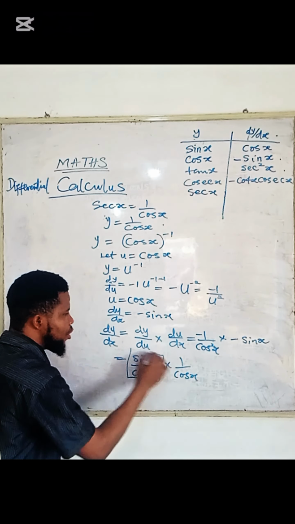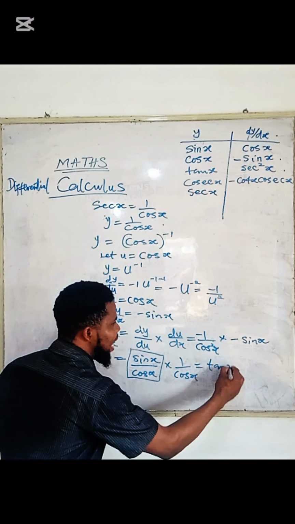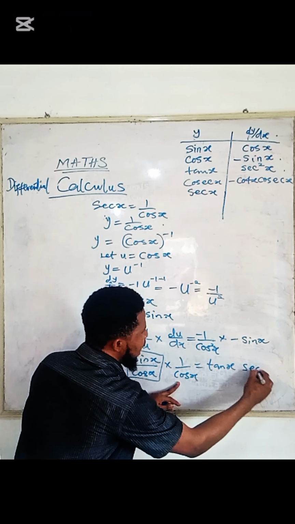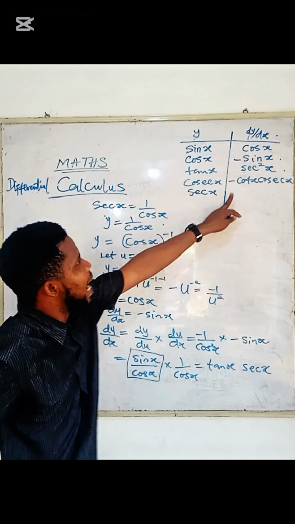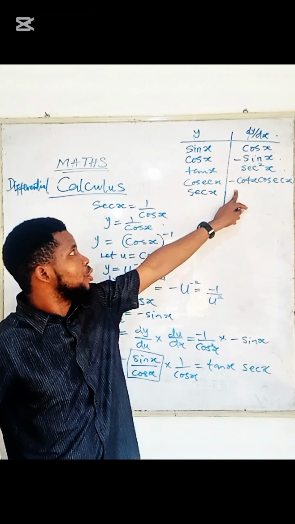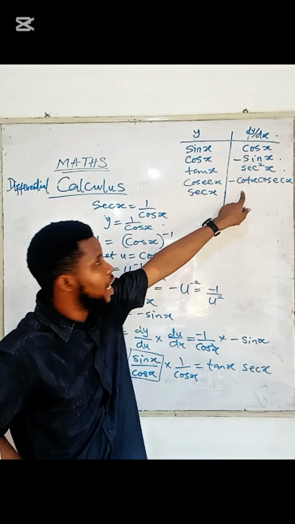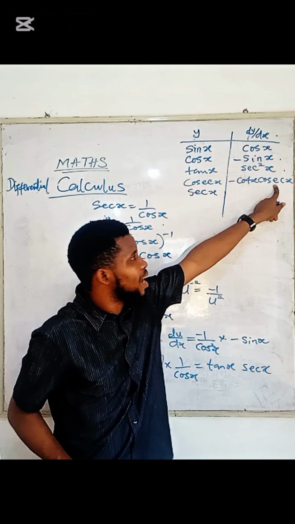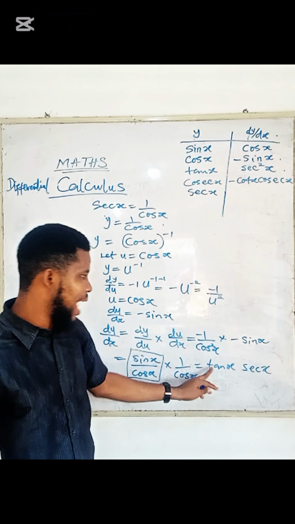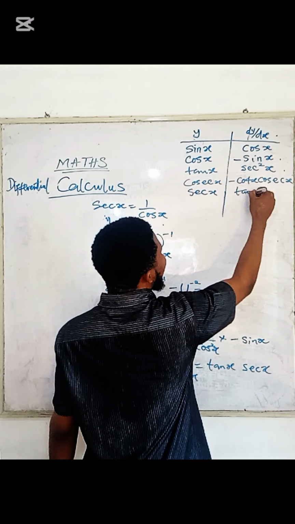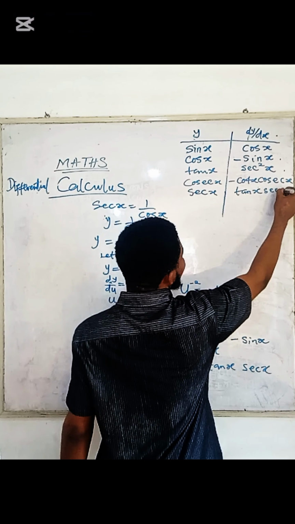This one I turn to tan S. Then this one, the inverse of cos is sec S. So I told you, everything is one and opposite. If I have minus, the next one will not have minus, and so on. If I is cot, the next one will be tan. If I is sec, cosec, the next one will be sec. Is that what you have here? Can you see? So that's tan S sec S.